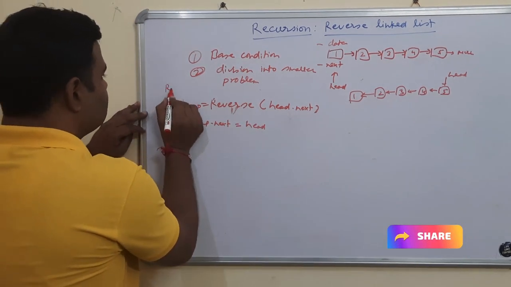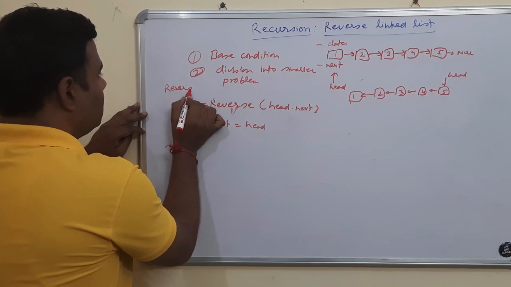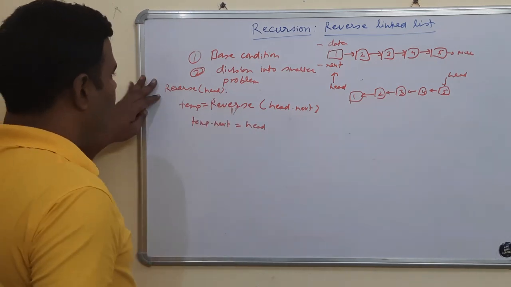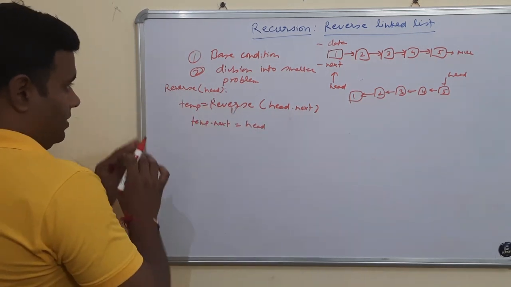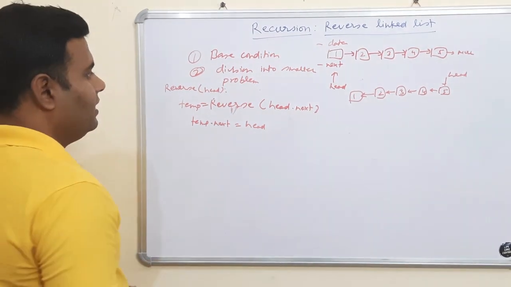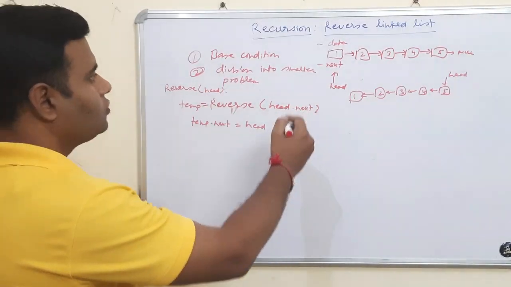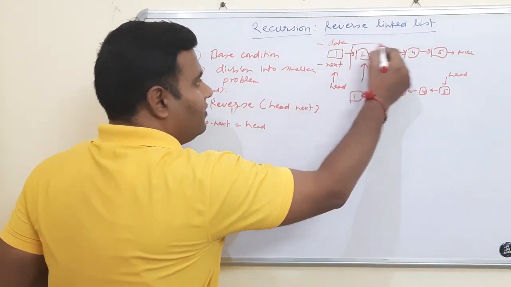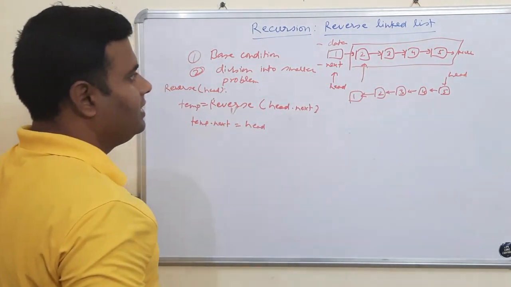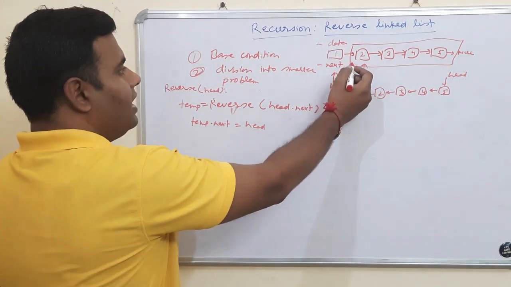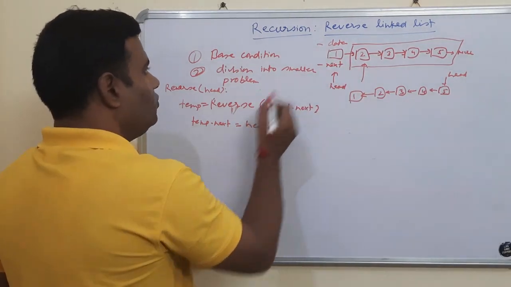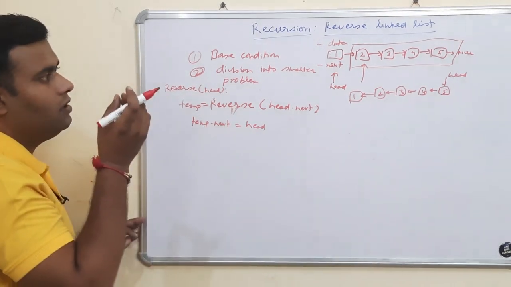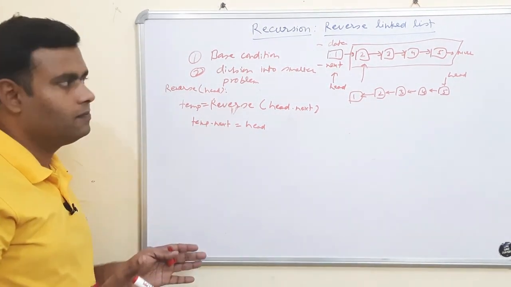This is the code for reverse head. So instead of reversing head, if I say reverse head dot next, basically head moves to this pointer. First you come and reverse this, then whatever is returned, I'll make its next this current head. This way the linked list will be reversed.